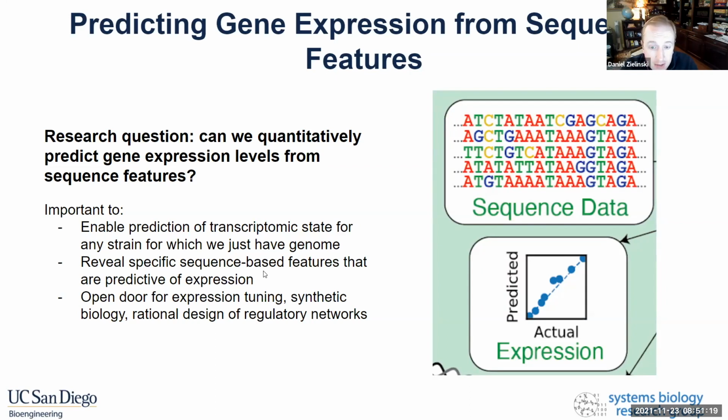We could understand how any kind of strain-specific sequence differences would impact expression, and maybe guess at things like why ALE mutations matter. If we can say, are they affecting expression or not? And then we could even potentially use these kinds of models for design. So if we can understand expression, we should be able to change the sequence to affect expression.